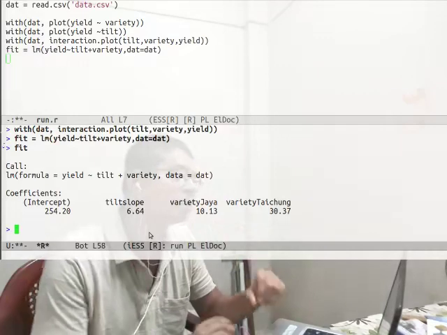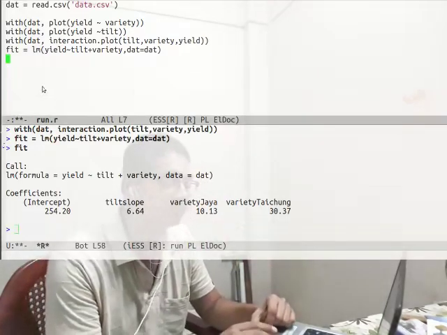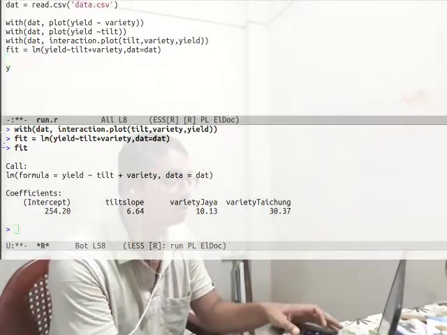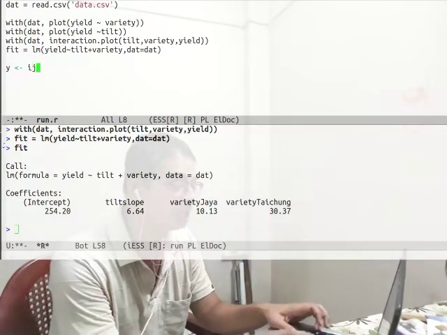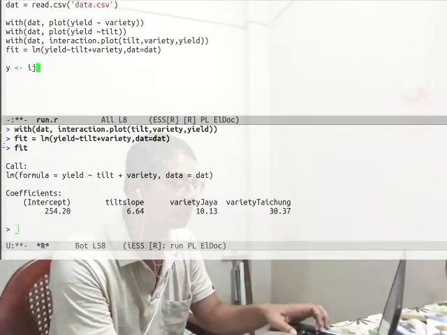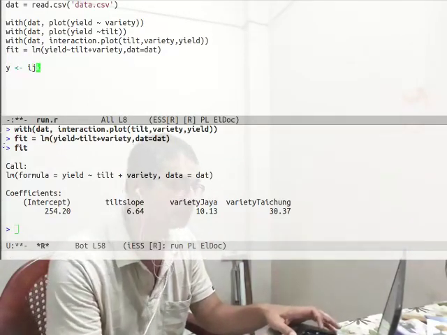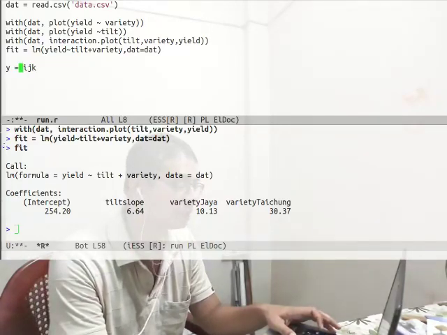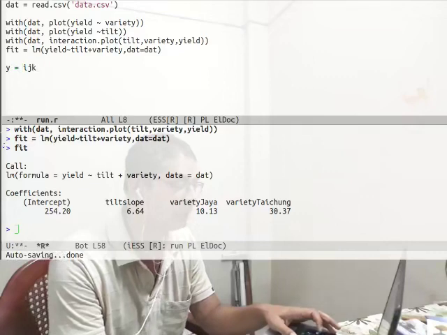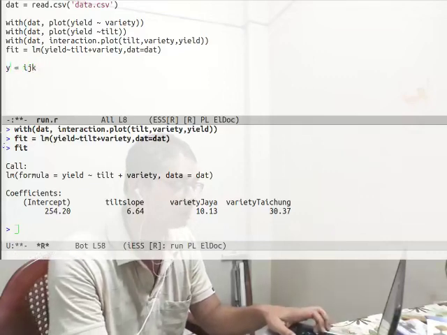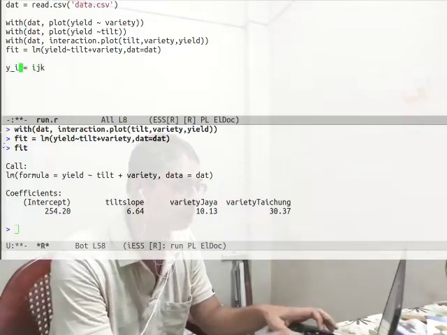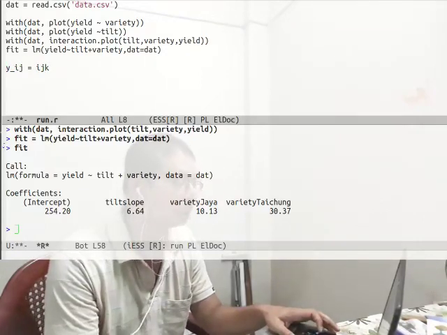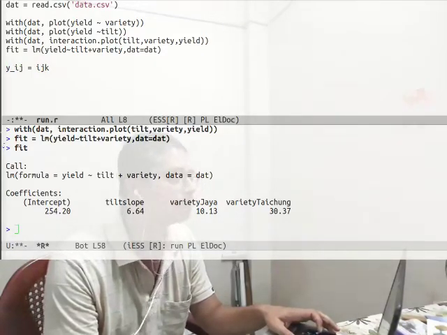So what R did was that it fitted this model, so I will write it here: Y ijk, do I have ijk here?